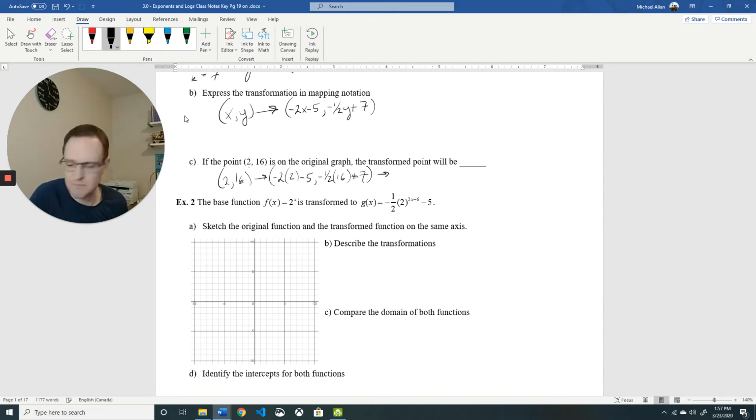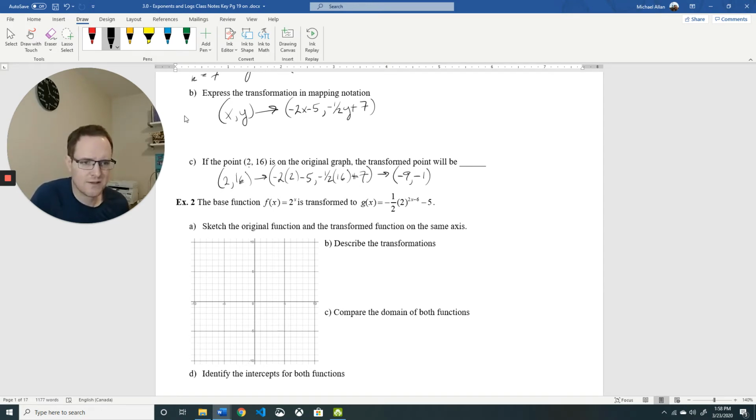Okay, so we do some mental math here. I'm going to get -4 minus 5, so I get -9. And then -1/2 times 16 is -8, plus 7, so I get -1. Okay, so there's my new point.